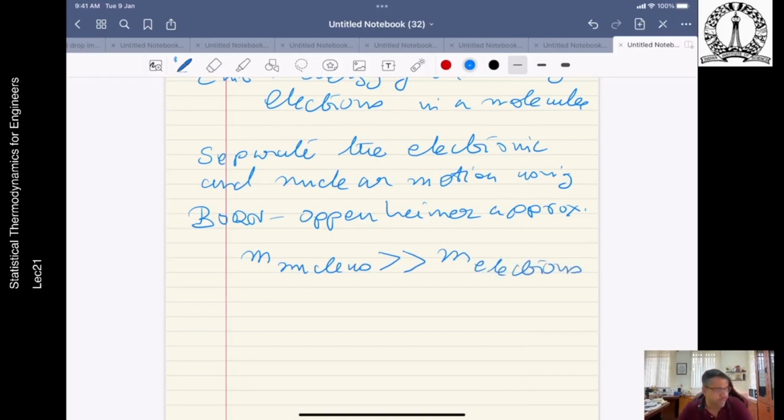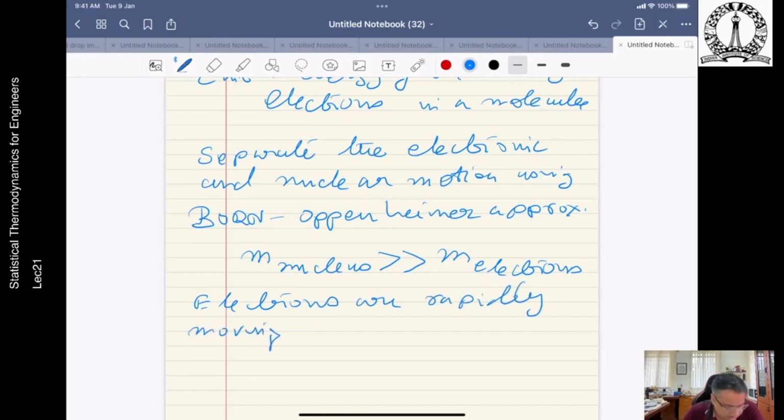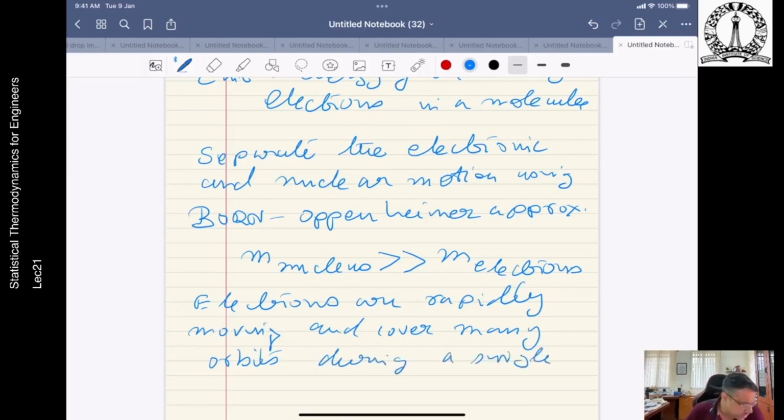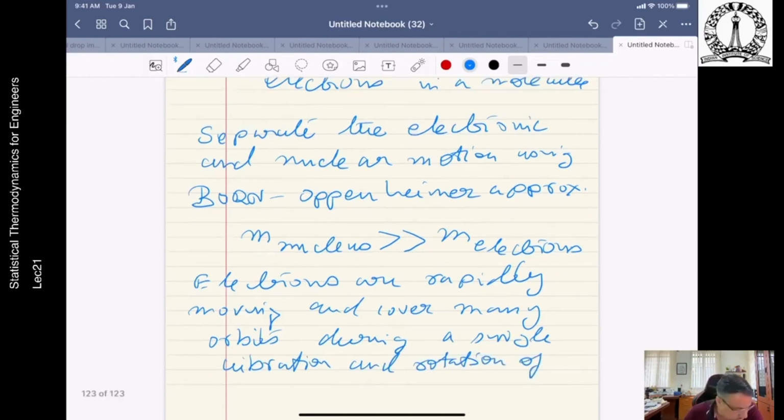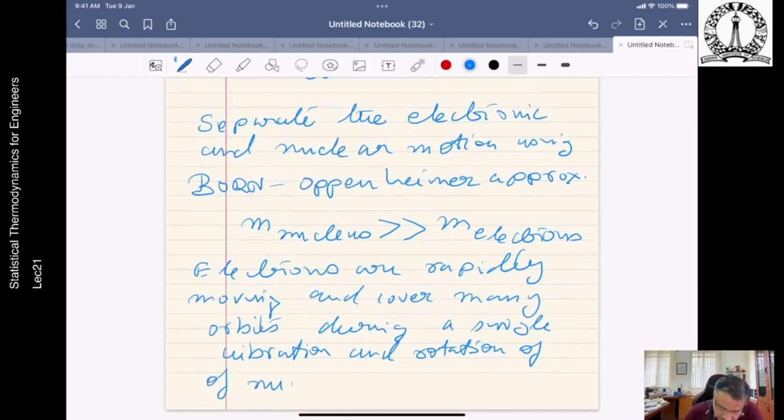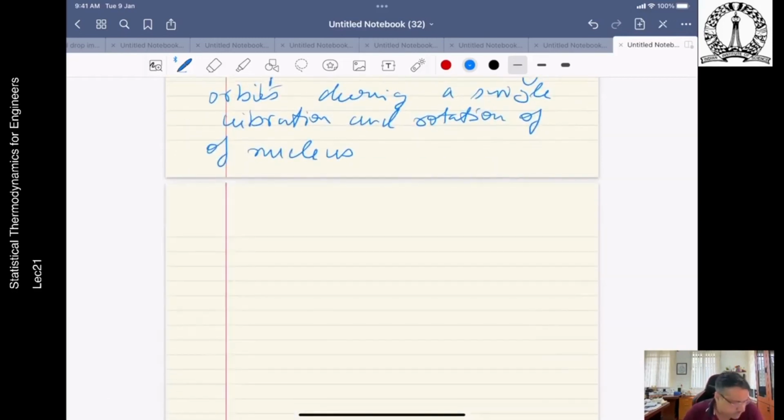So the electrons are rapidly moving and cover many orbits during a single vibration and rotation of the nucleus.